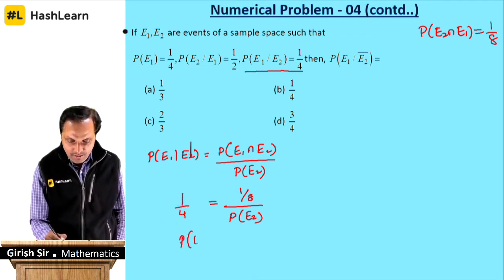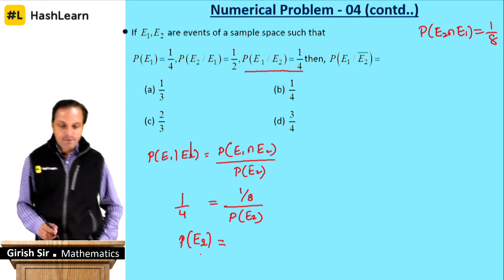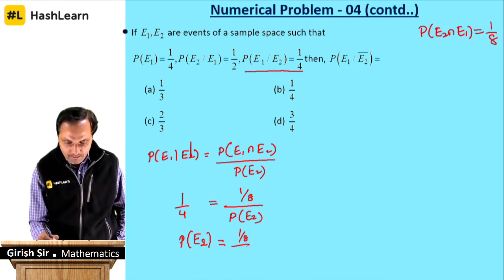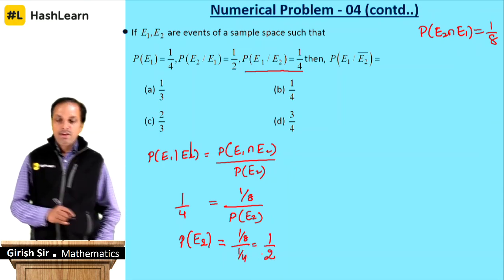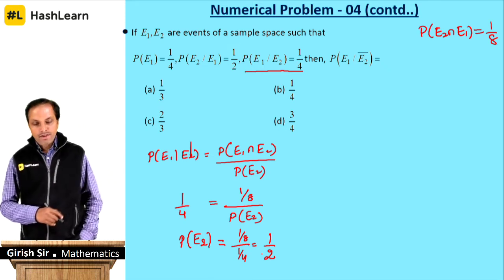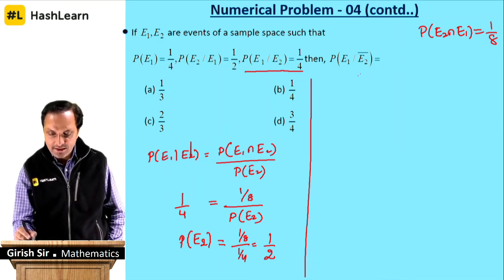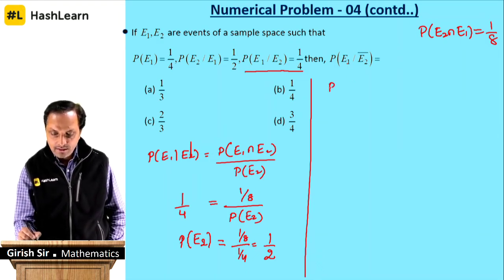So what will be your probability of E2, event 2? That will give you 1/8 by 1/4, which will give you 1/2. इसको भी नोट कर लो.